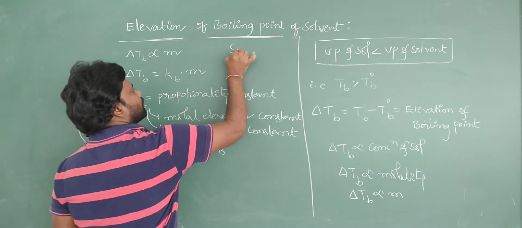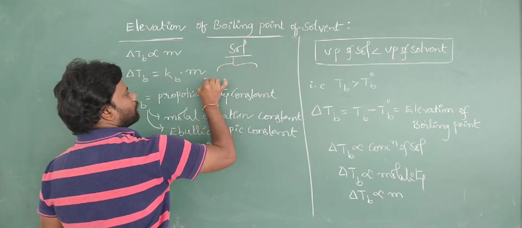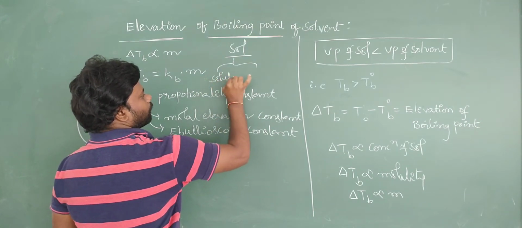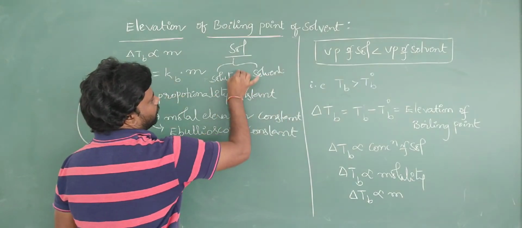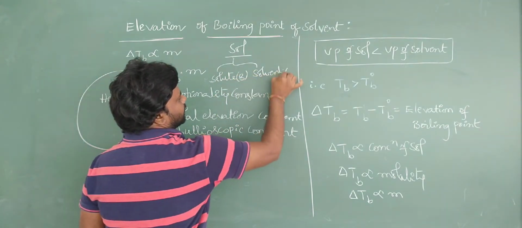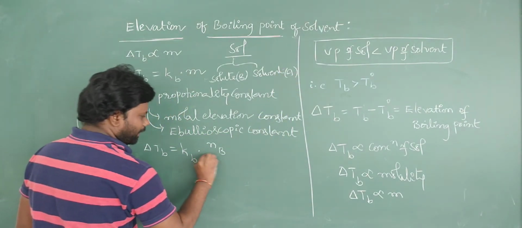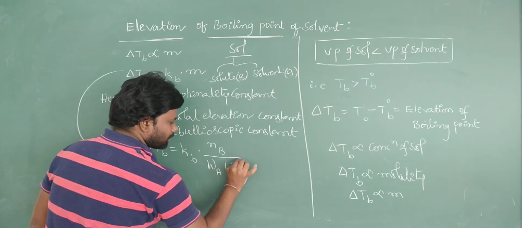Here the solution contains two components. One is the solute and one more is the solvent. So the non-volatile solute is taken as the B component, and the solvent is taken as the A component. Molality is the number of moles of solute by the weight of solvent in kgs.